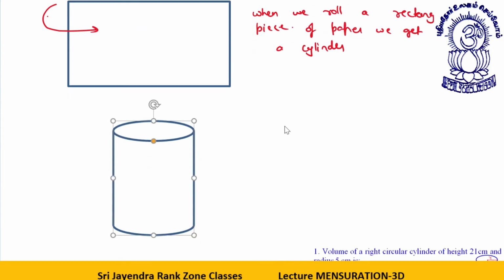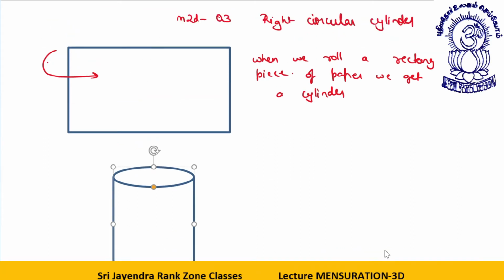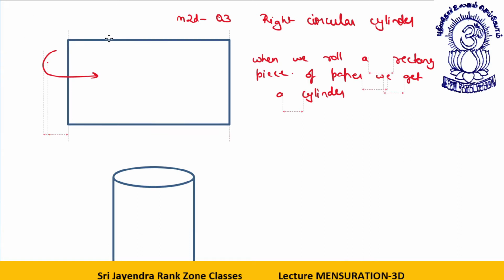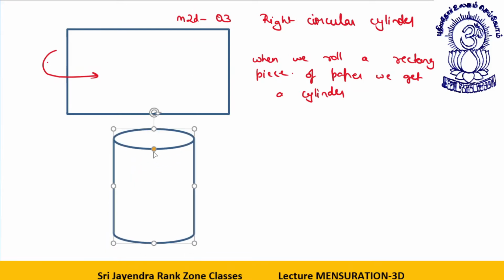Now before I start solving questions on this, let's discuss a bit of theory regarding the cylinder. What is first of all the volume of a cylinder? Volume of a cylinder is base area into height.